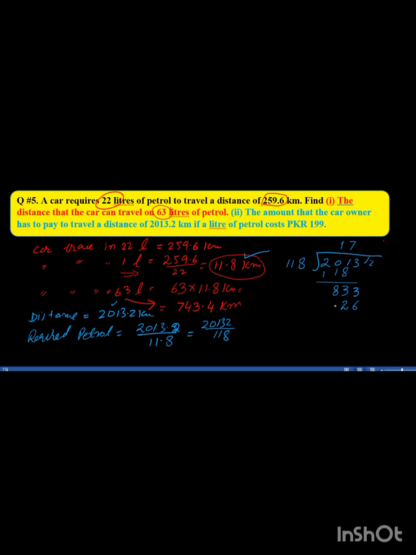So 7 1s are 7 and 1 is 8. After subtraction, we get 7 and bring down 2 from here. So it is a small value. So put a decimal here and place a 0, right? Okay. Now we will put a 0 here.